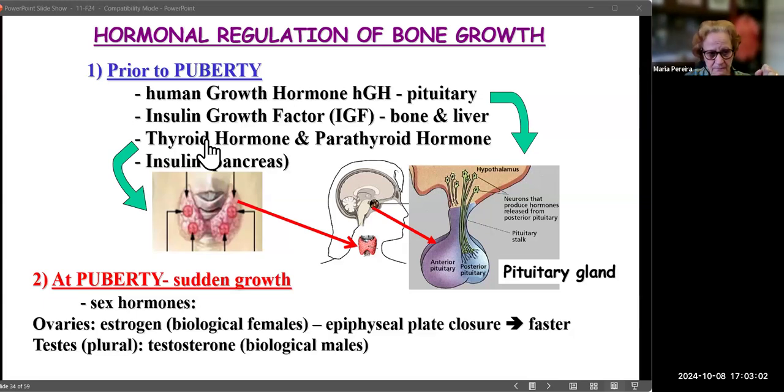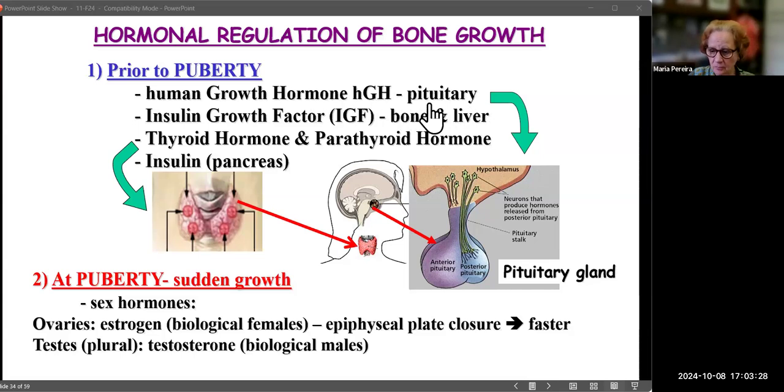It's due to ligaments. So prior to puberty, there are some hormones that regulate bone growth. Human growth hormone. It's released by the pituitary gland. Actually, it's given to individuals if they don't grow enough. This could be a way of increasing the growth.